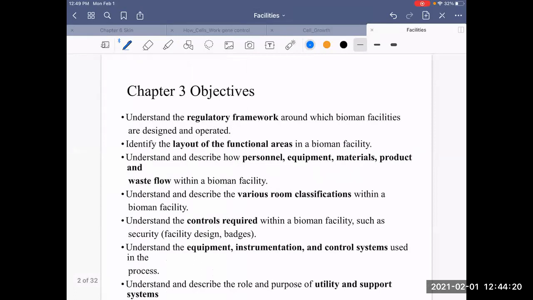Okay, so the objectives of this is it's going to start to introduce the framework about how the facilities are designed. That's really kind of intense because of the way the products are going to be used, right? So they're going to be injected into someone's body.